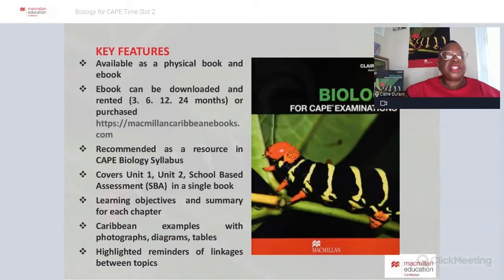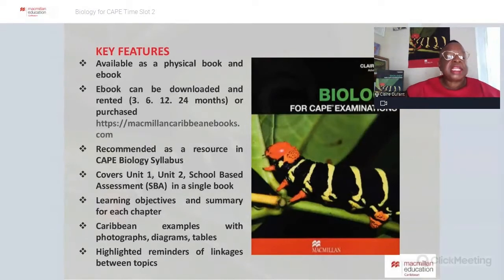So the key features of the textbook is available as a physical book and also as an electronic book that can be downloaded from Macmillan Caribbean eBooks. And in addition to purchasing the entire textbook, there is an option to allow you to rent the textbook for 3, 6, 12, or 24 months.